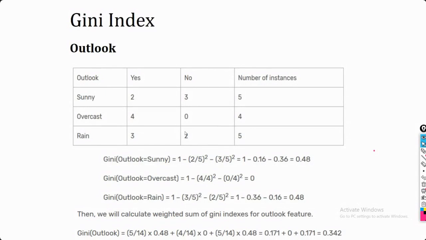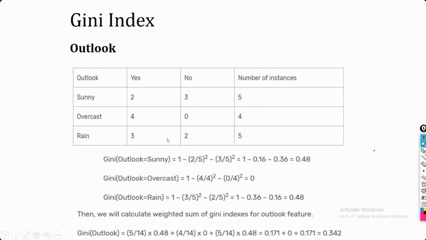How many distinct values do we have? We have three distinct values: Sunny, overcast, and rain. For Sunny, two instances are yes and three instances are no. For overcast, four instances are yes and zero no. Rain has three instances yes and two instances no. In total, if you count it, it is going to be 14.